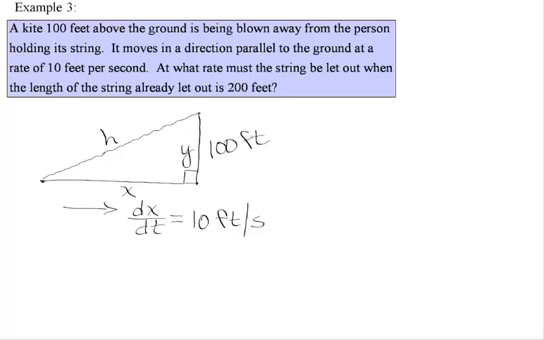It's asking at what rate must the string be let out. That means the string is increasing, so that should be a positive rate.